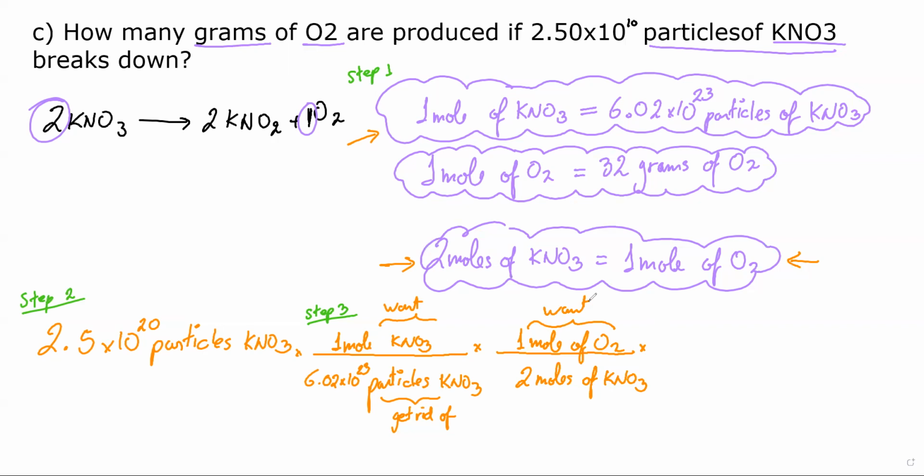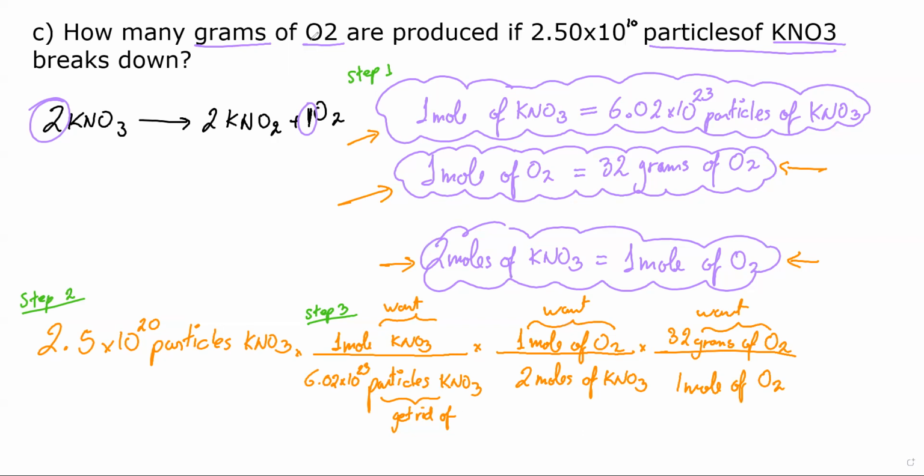We're closer because now we have O2, but you don't want moles of O2. You want grams of O2. So let's use another conversion. Let's use this last conversion. Again, multiply by a fraction. The last relationship that we got was that 1 mole of O2 is equal to 32 grams of O2. This is what you want, and we finally have grams of O2.